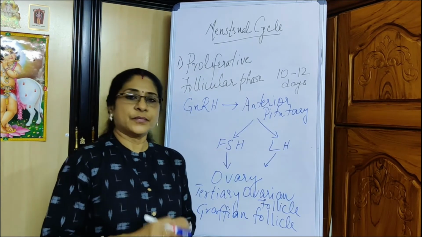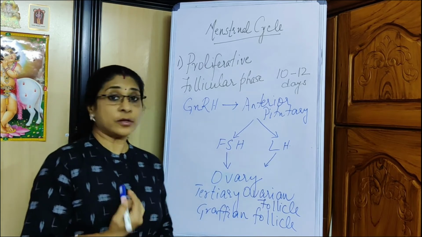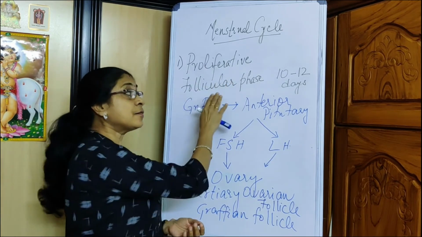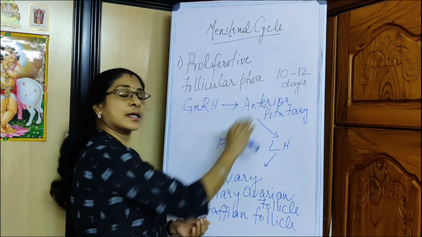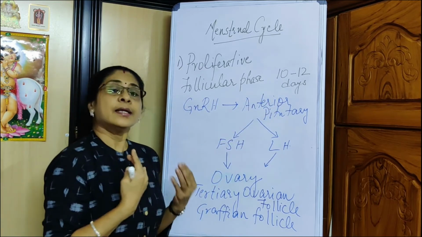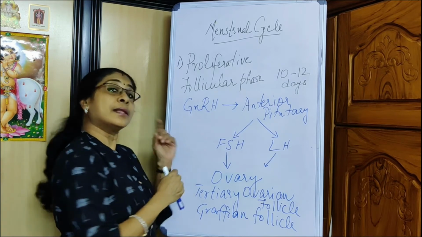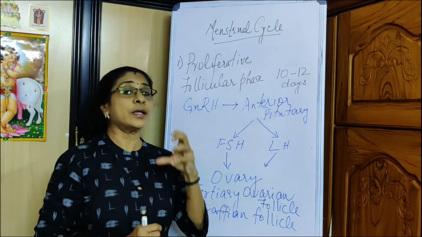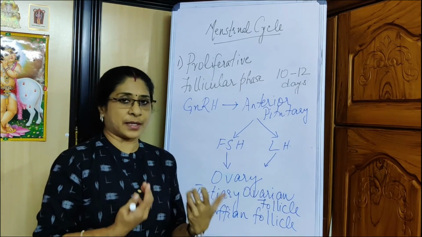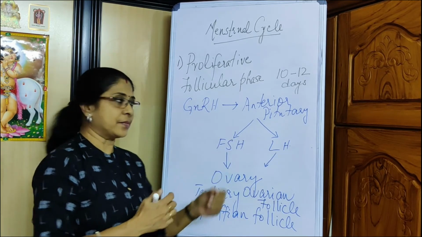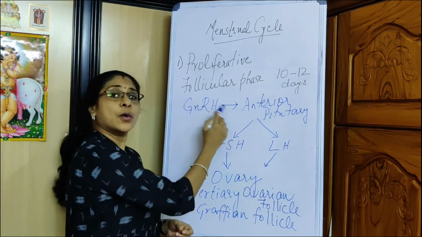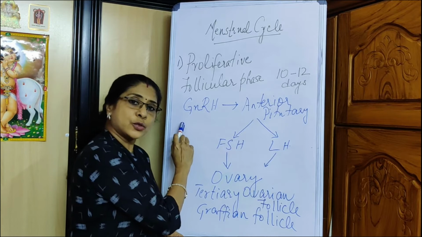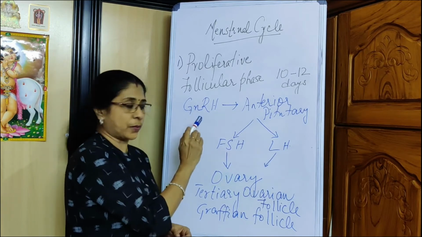Let us now study what exactly happens during the proliferative phase. Now, the proliferative phase is also called the follicular phase and it lasts for 10 to 12 days. Let's see what happens now. The hypothalamus, we have already learnt the hormonal control of the reproductive system. The hypothalamus produces the hormone called GnRH or the gonadotropin releasing hormone.